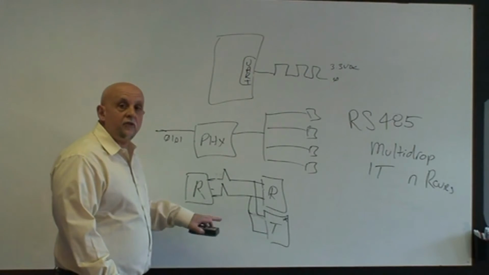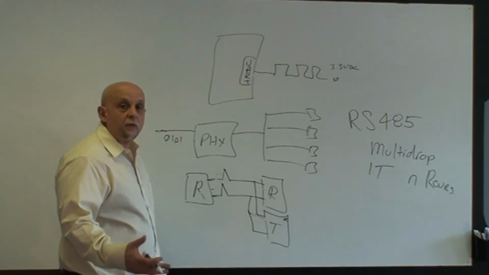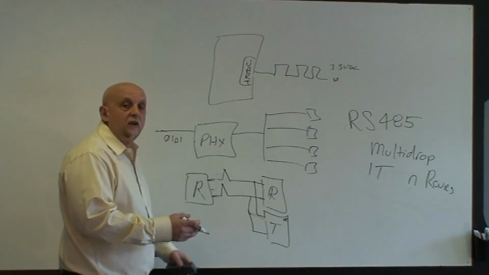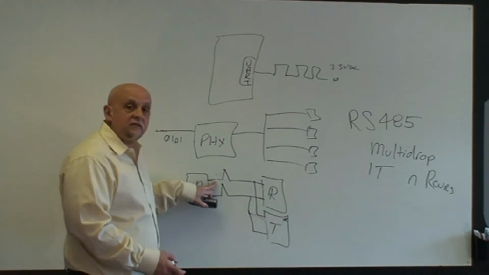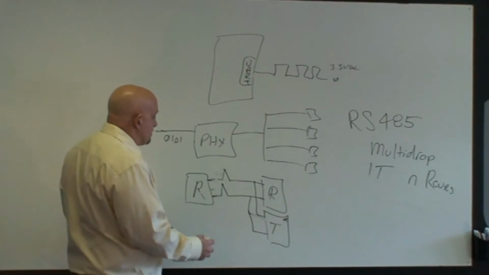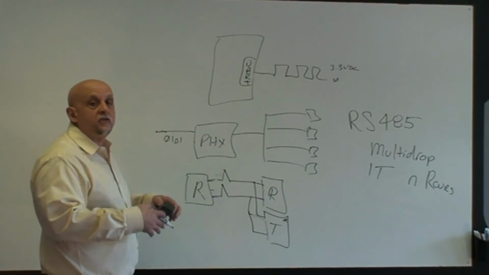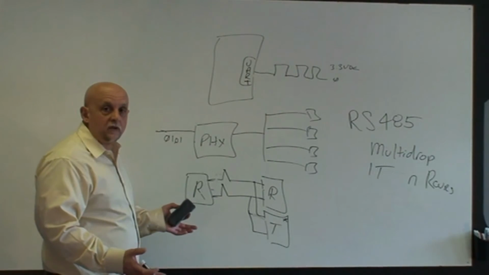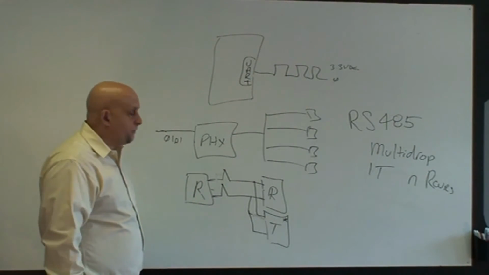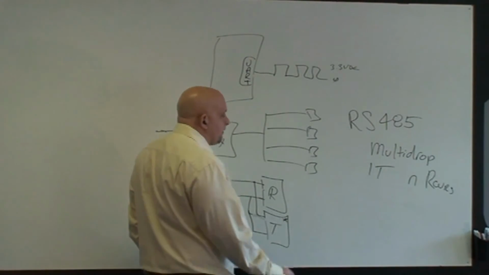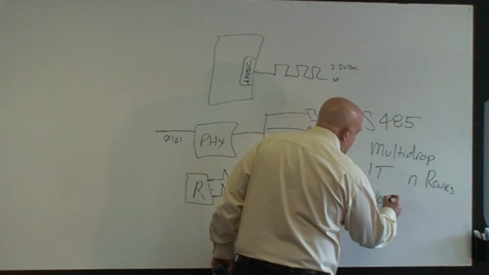Even though a motor or something else caused a spike in the communications line, it induced a voltage in both lines the same amount, so nothing happens. If this was a 0, it stays a 0. If it was a 1, it stays a 1. So it cancels out the noise because it gets induced in both of them. That's a huge advantage of 485: noise immunity.